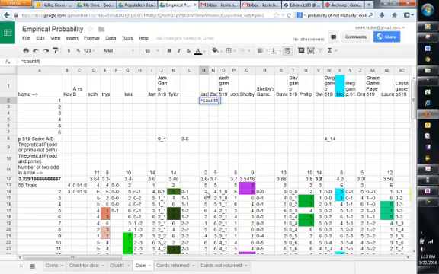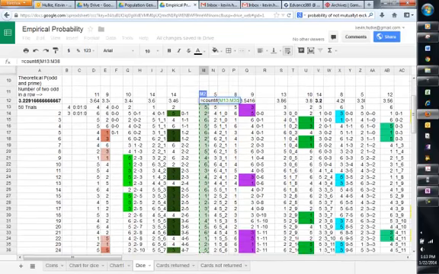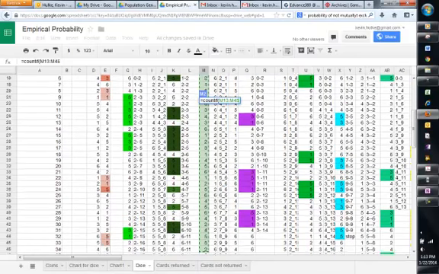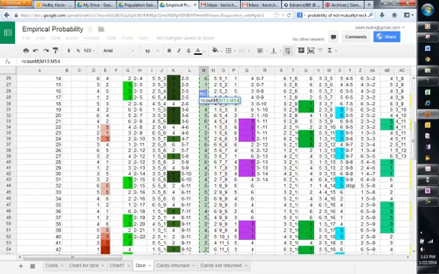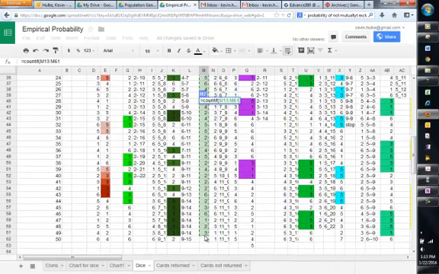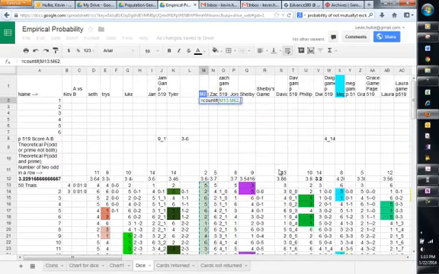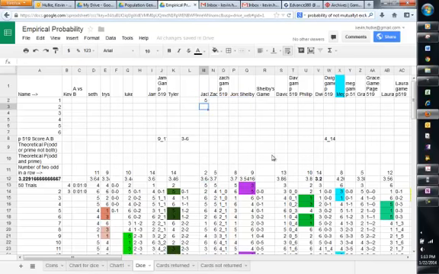So we want to count the number of times in this column out of 50, comma, he had a 1. Okay?